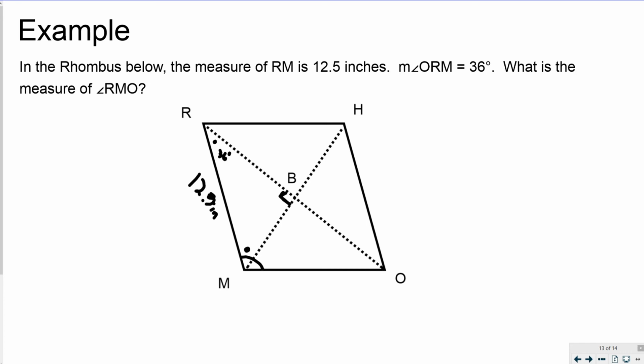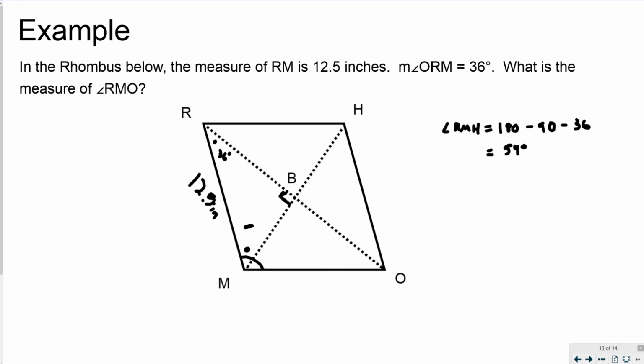So I do know that angle RMH is equal to 180, take away the 90, take away 36. So 180, take away 90, take away 36 is 54 degrees.